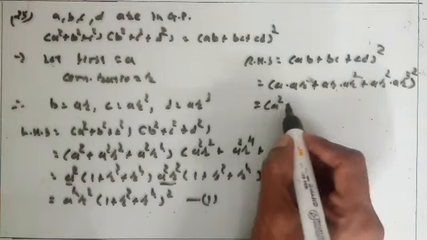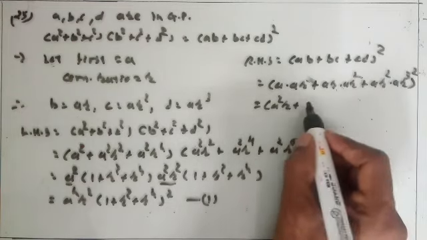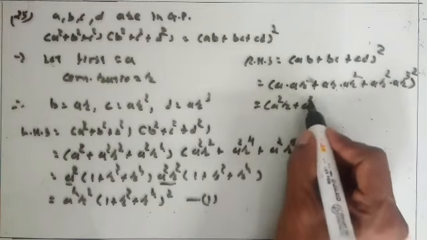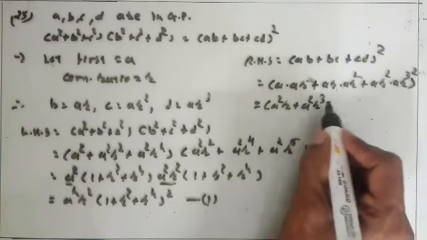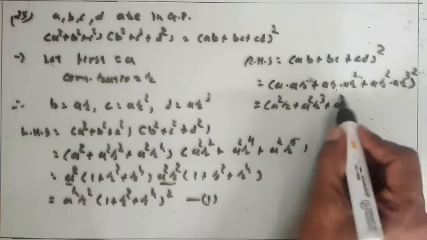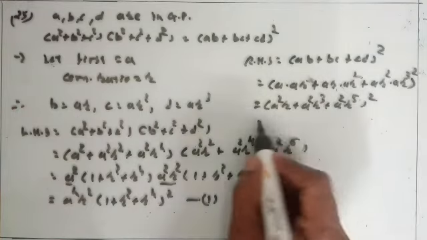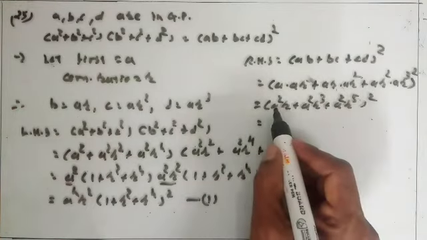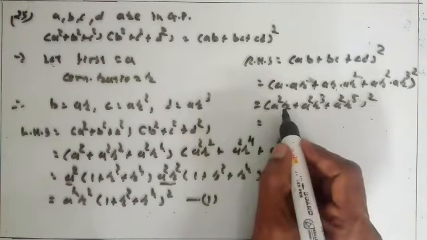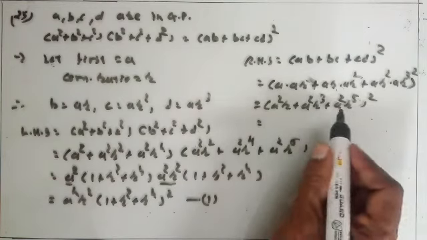Here we get (A²R + A²R³ + A²R⁵) raised to 2, which is equal to, here A² take common, with R also take common.